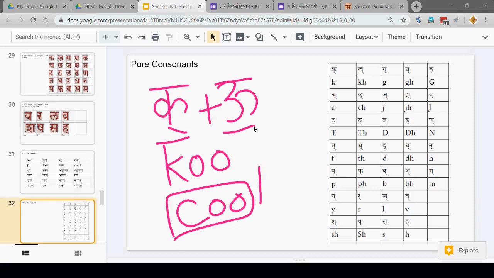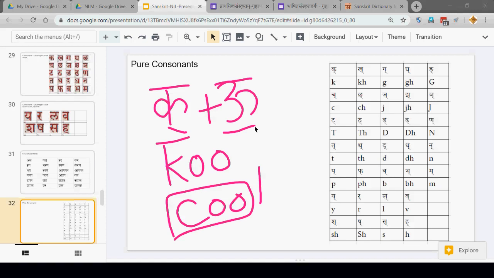So these are compound consonants. They are not pure consonants. When a consonant sound is added with a vowel sound, then it becomes a compound consonant.